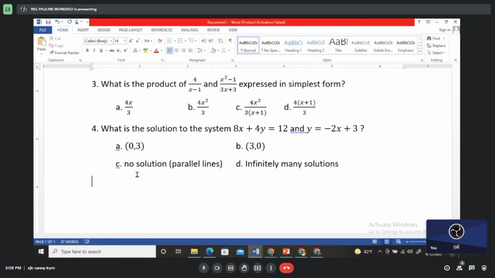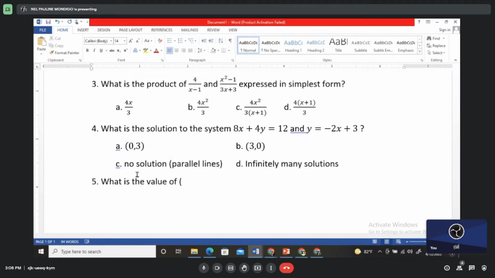So we're done with item number 4, and let us proceed to item number 5. Our topic here is rational exponents. The sample question is, what is the value of negative 2 cubed?